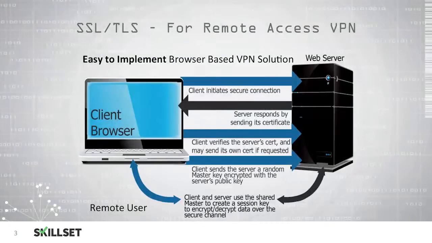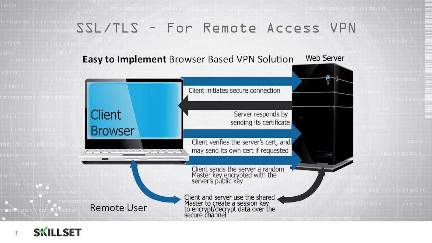You can also use SSL or TLS to create a browser-based remote access VPN for your employees. The employee would simply visit the website for your VPN solution from a remote location. They would initiate a secure connection. The server would then send a certificate to the user so that the user could verify the identity of the server.